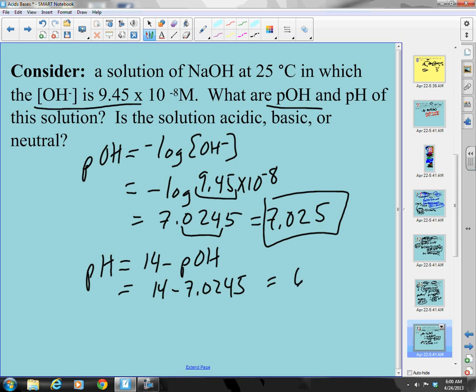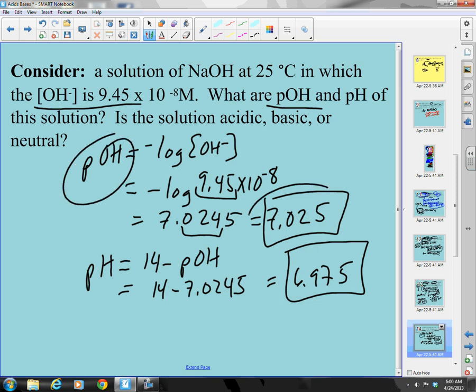And what does that equal? How about 6.975? Wunderbar. Got it? Now, is this acidic, basic, or neutral? Well, my pOH is greater than 7.